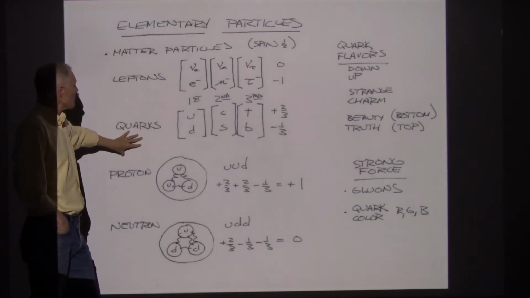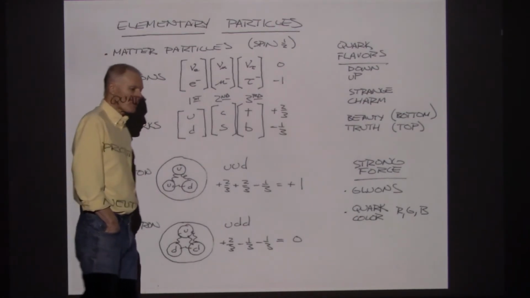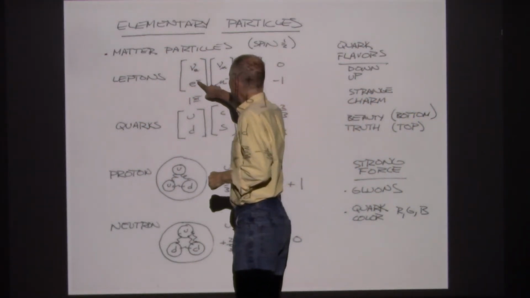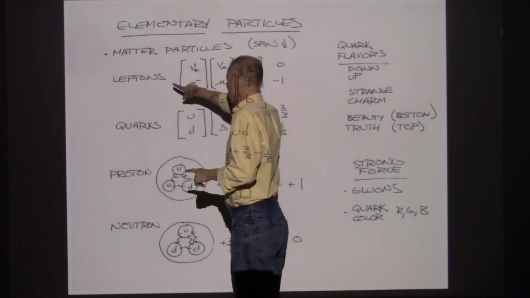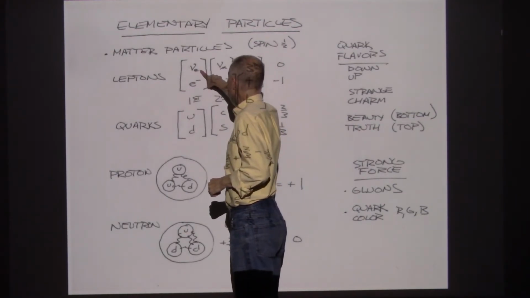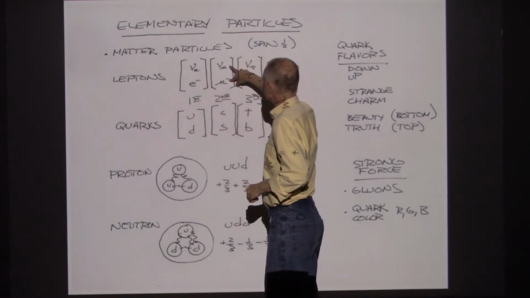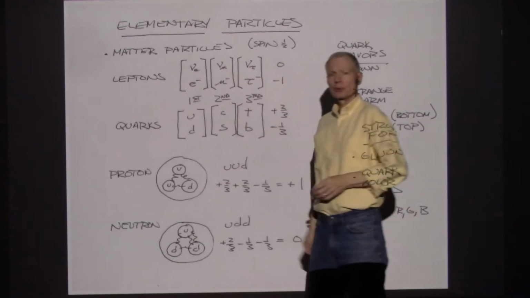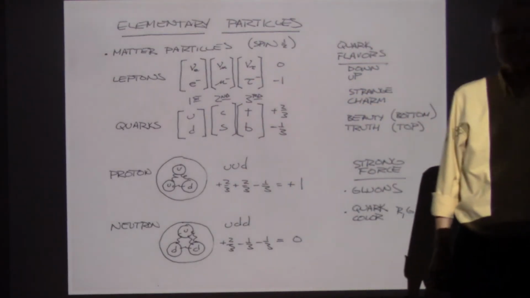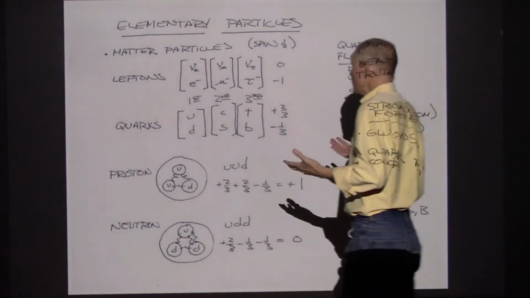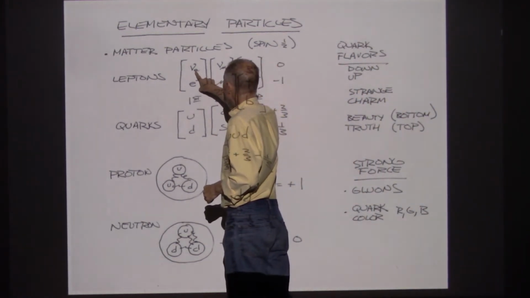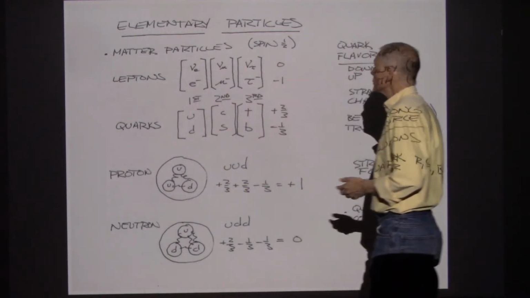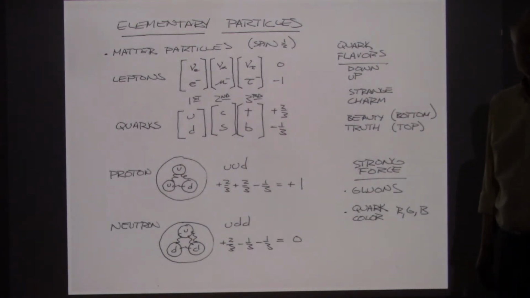So these fundamental matter particles, the leptons and the quarks, come in pairs. And so the electron is the charged version of the lepton, and the neutrino is its neutral partner. And then there's a heavier version of them, and that's the muon. And now this is also referred to as a neutrino. And so we start putting subscripts on the neutrino because experiments showed that the electron neutrino and the muon neutrino are not the same particle. They're both neutral, but they're not the same thing.